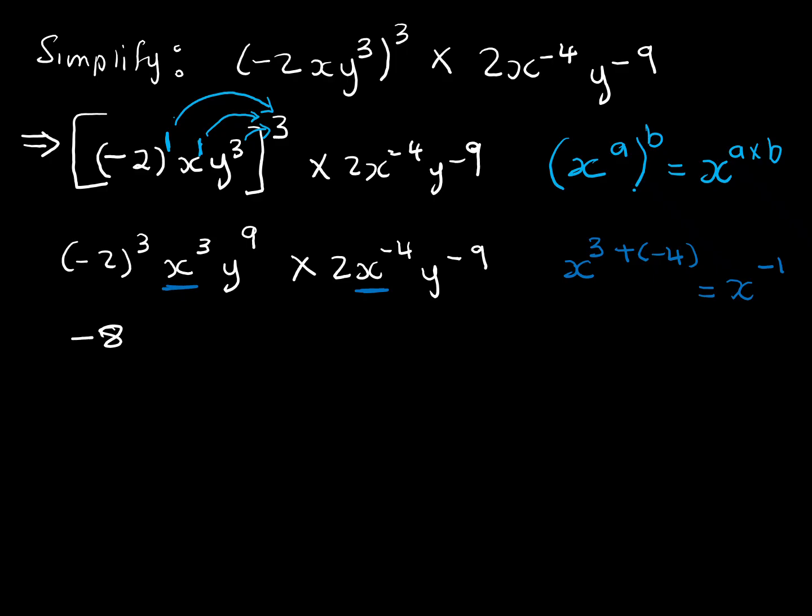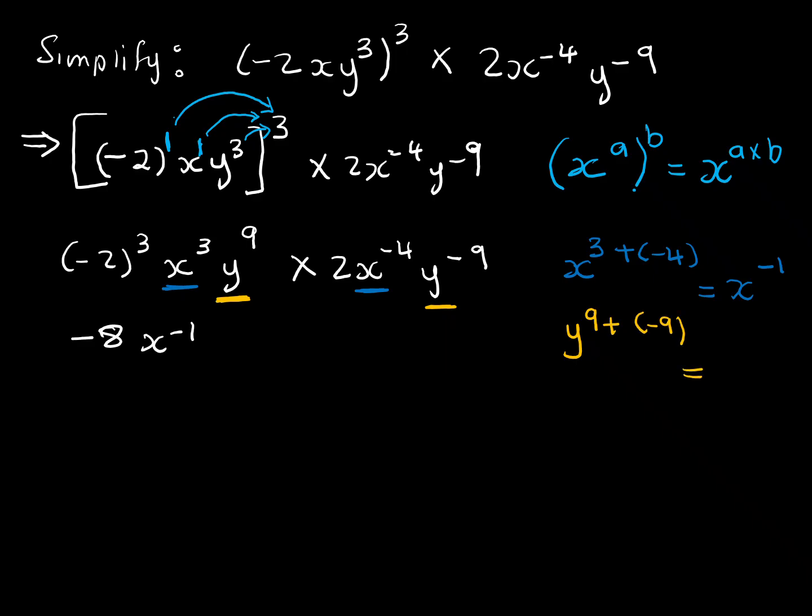So I'm just going to write this here on my solution and say now I have x to the power minus 1. Then you check again, do you have any other bases that are the same? Yes, the y and the y. The bases are the same and we are multiplying. So this will be y to the power 9. We need to add that to minus 9.